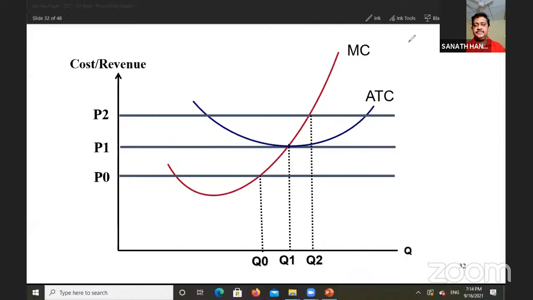This means the output at the normal profit is efficient.